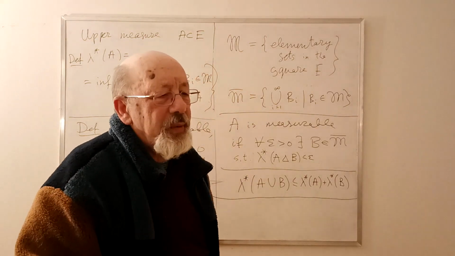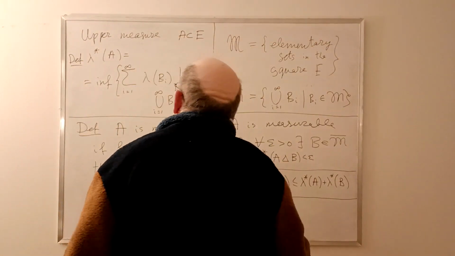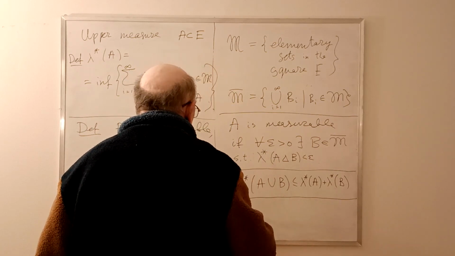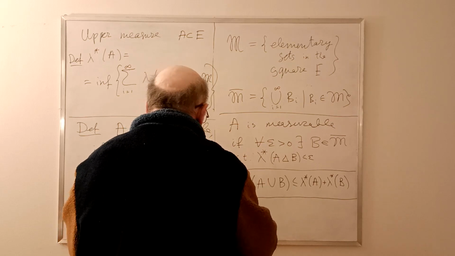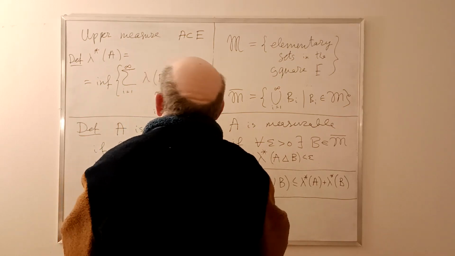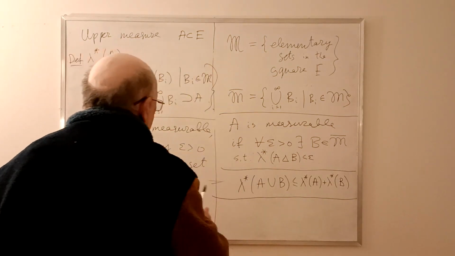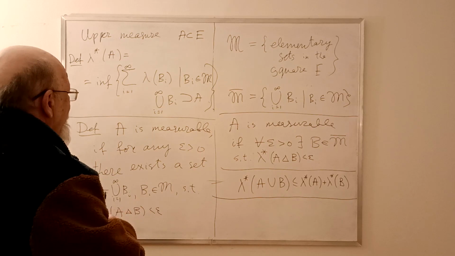Exactly like we proved on the line, we have the following. One moment. I have to define. So I defined the upper measure. I defined the measurable sets.